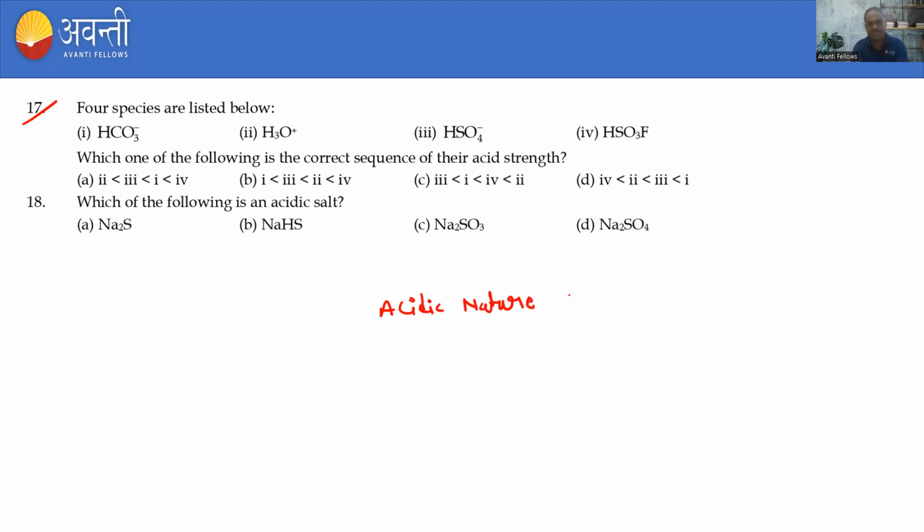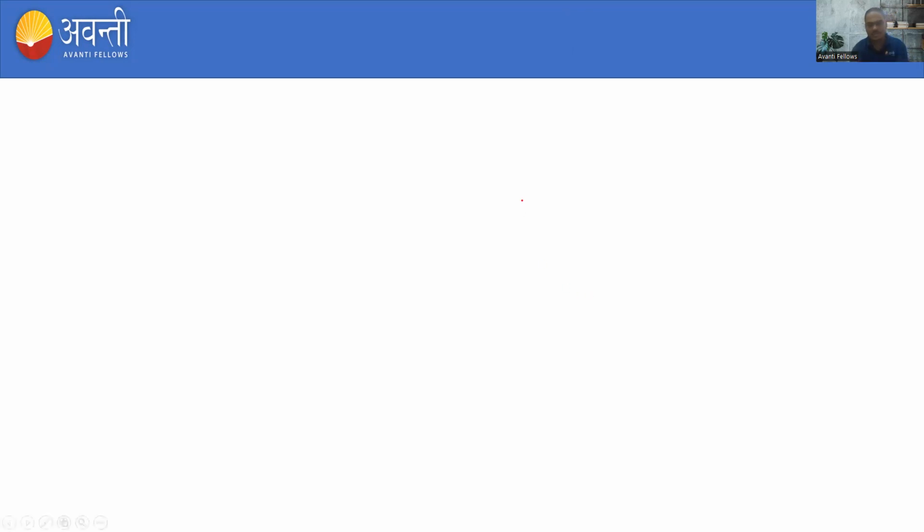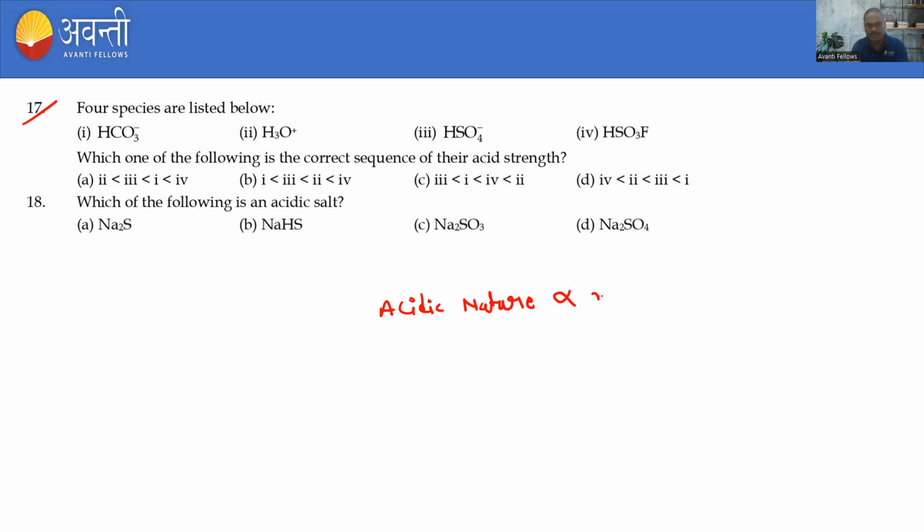Okay? Acidic nature is directly proportional to the more negative charge. So out of these, HCO3 negative has one negative charge, H3O plus has positive charge, and HSO3F, right? So which has the maximum negative charge?